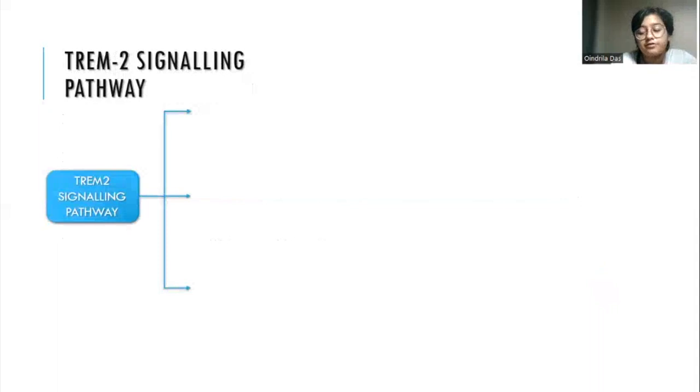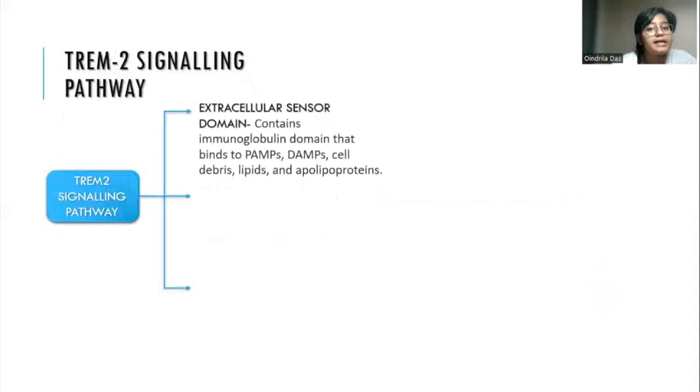TREM2 signaling pathway. There are three parts to the TREM2 signaling pathway. The first one is the extracellular sensor domain, which contains an immunoglobulin domain that binds to pathogen-associated molecular patterns, damage-associated molecular patterns, cell debris, lipids, and apolipoproteins. The transmembrane domain associates itself with DAP12 and forms the TREM2-DAP12 complex.